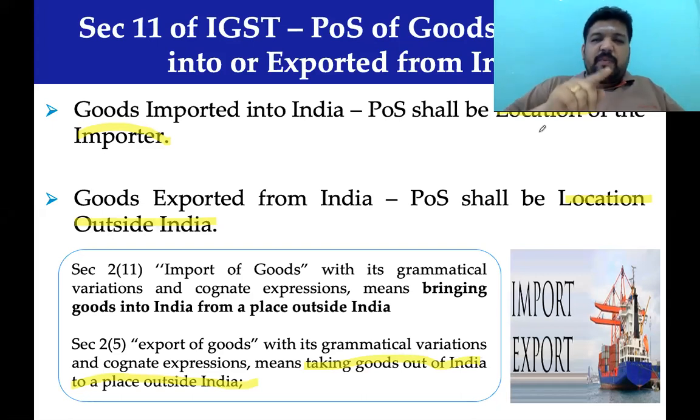There are cases of export with the payment of tax. There is also a model called export without payment of tax. I am not much bothered about export without payment of tax.